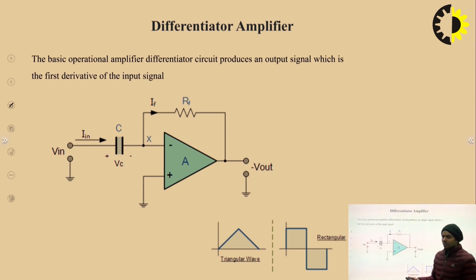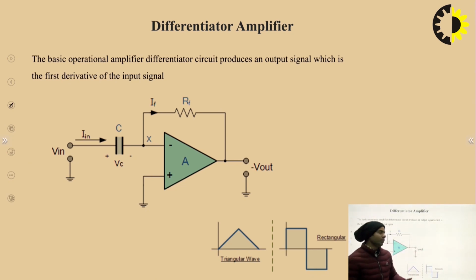Whenever you design any operational amplifier circuit, you can use these integrator and differentiator circuits and verify by applying these inputs, a triangular input for the differentiator and a rectangular input for the integrator. You can take these waveforms from the function generator and observe the output on the CRO, DSO, whatever. So this is what we had to discuss today.